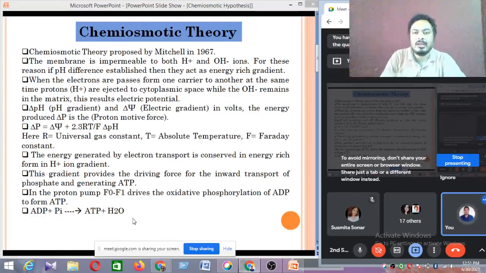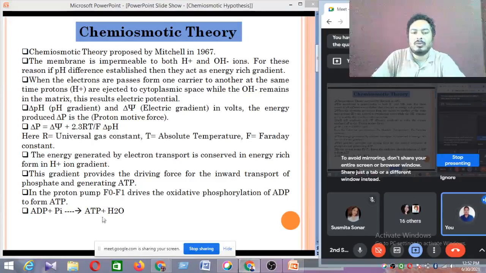Okay, this is the first point. The second point is that when these H plus molecules are stored in the perimembranous space, they move to complex number 5, which is called the ATP synthase, and through the ATP synthase all these H plus molecules get inside the matrix again. When they come to the matrix, which already has OH negative ions, the OH negative ion binds with the H plus again, and they produce the water molecule.